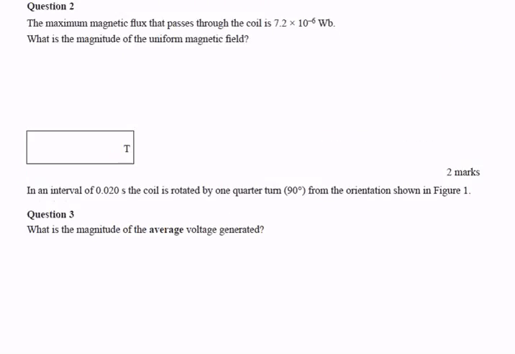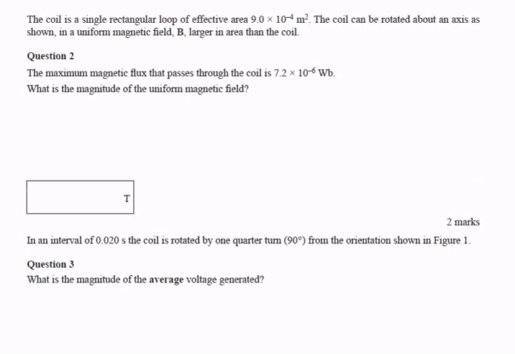Alright, the next question. The coil has a single loop. Single, so that means N equals 1, of area A, and it can be rotated about its axis in a uniform magnetic field.